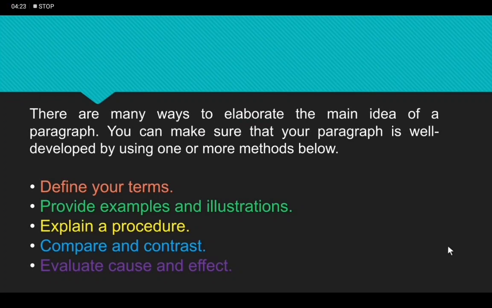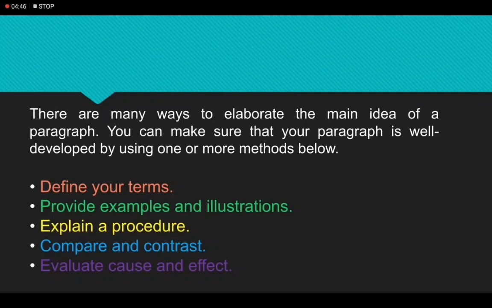Now, there are many ways to elaborate the main idea of a paragraph, and we can make sure that our paragraph is well developed by using one or more methods below. First, define your terms. Second, provide examples and illustrations. Third, explain a procedure. Fourth, compare and contrast.